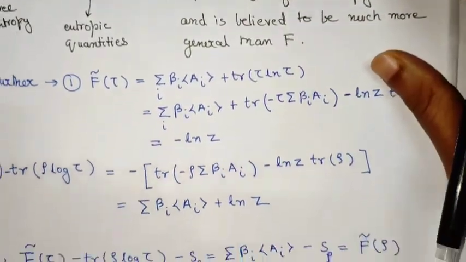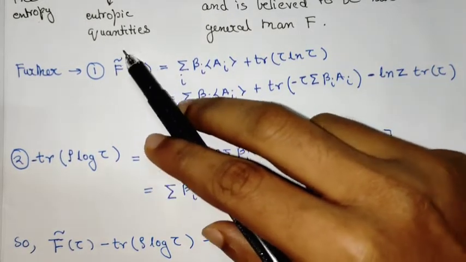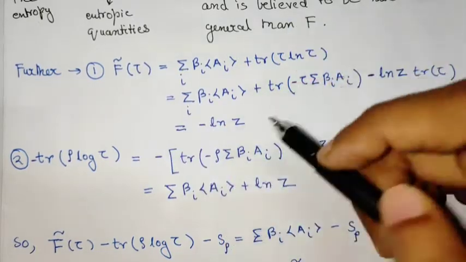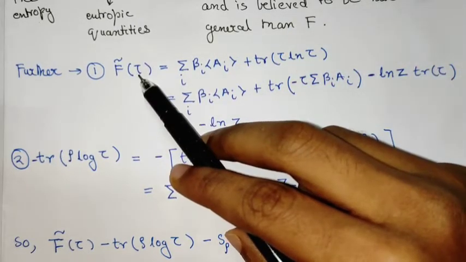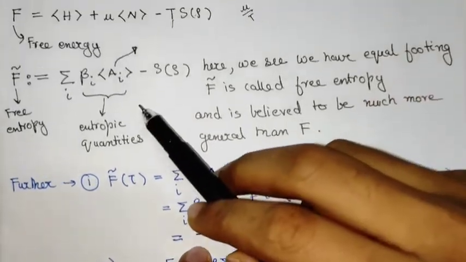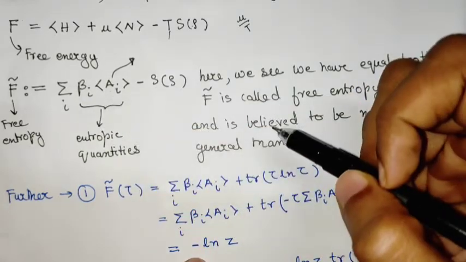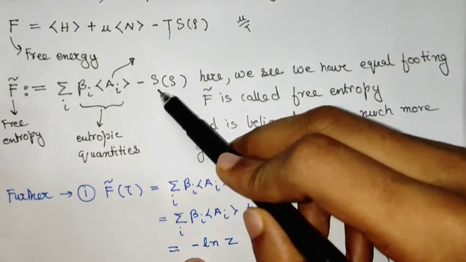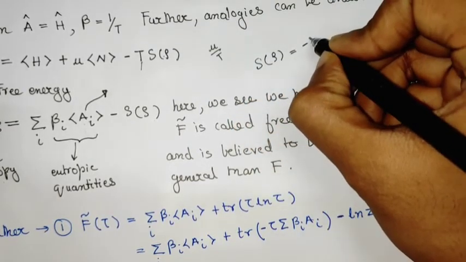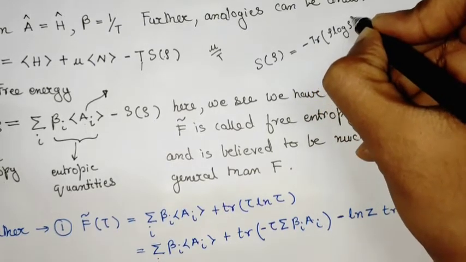So the first property that I try to prove is that suppose we calculate the free entropy of the Gibbs state. What we need to do is write the first part as it is, summation over i beta_i A_i, and then the entropy. Remember, entropy of a state rho is simply minus trace of rho log rho.